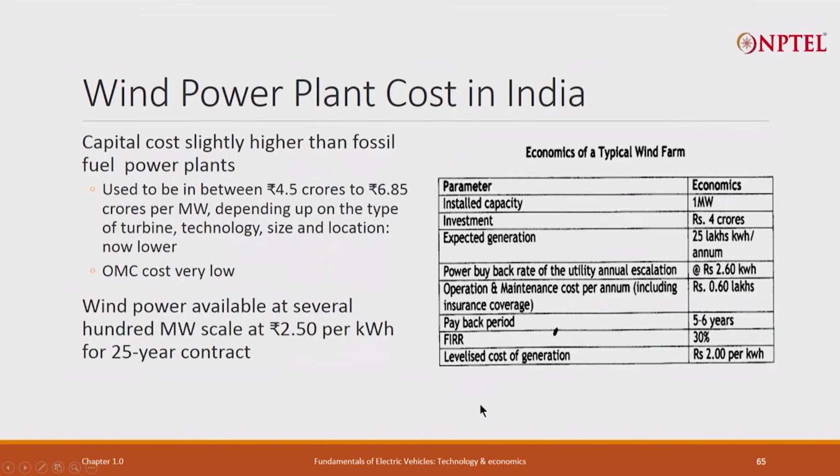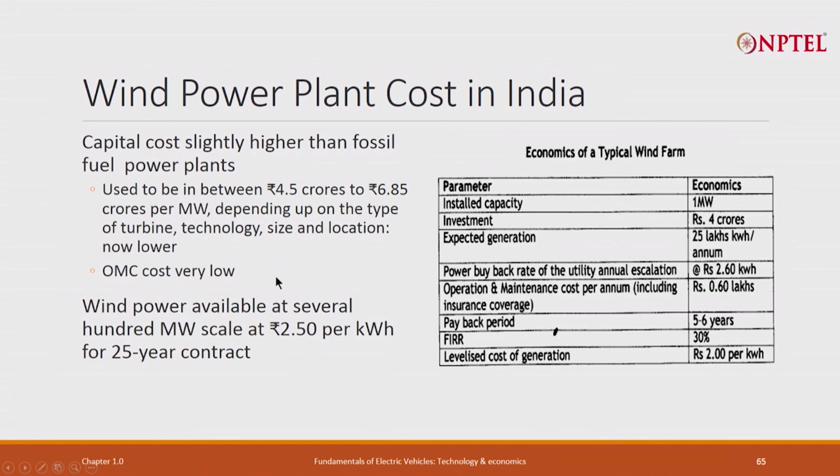This is exactly what I expect you to be able to do. This is a typical number, used to be between 4.5 to 6.85 crores per megawatt. It has actually gone down. This is the number that used to be there, and that would have given you around 2 rupees 50 paise.